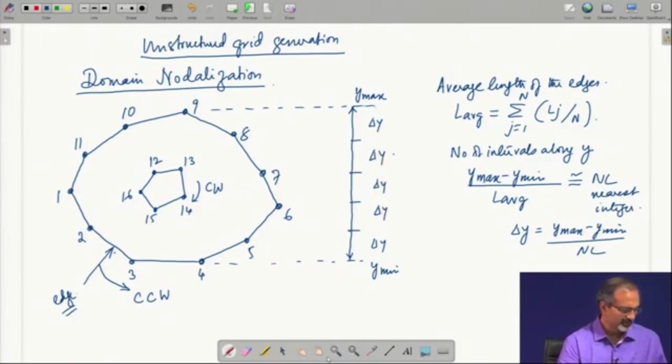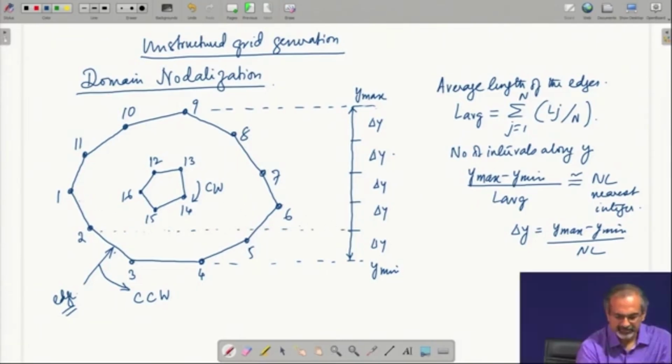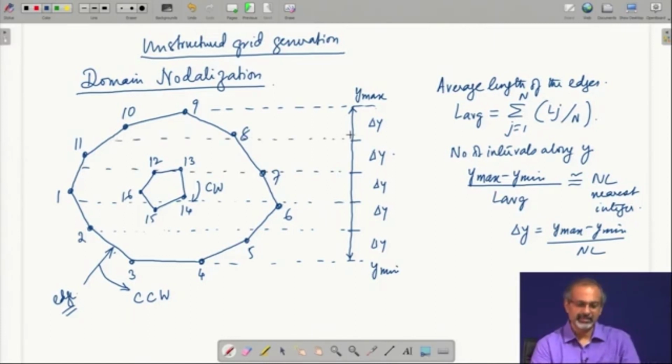Now, at these respective heights, we are going to imagine horizontal lines covering the entire domain, and for each horizontal line we have to check how many times it crosses the domain. For example, this horizontal line crosses the domain at 2 locations.